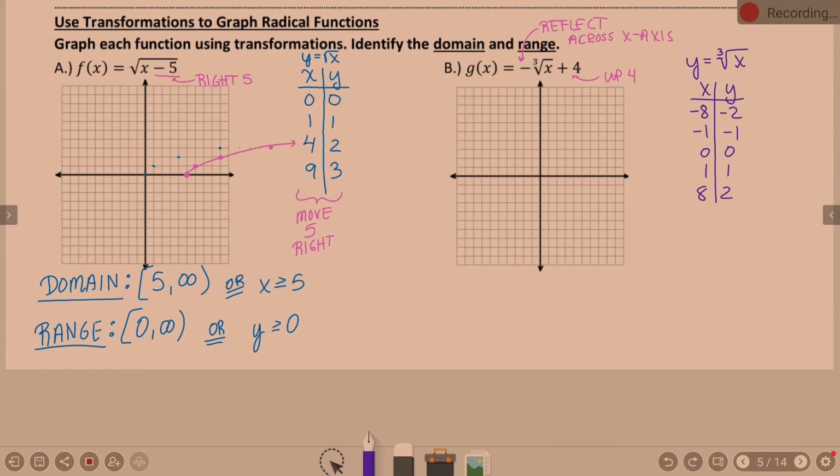Now, I think for right now, I'm going to very, very lightly put on the original dots. But then we're going to move these dots twice, because we're going to have to reflect them, and we're going to have to move them up 4. So I'm going to show you. Okay, so left 8 down 2, left 1 down 1, 0, 0, right 1 up 1, right 8 up 2. That is my very original cube root graph, yes?